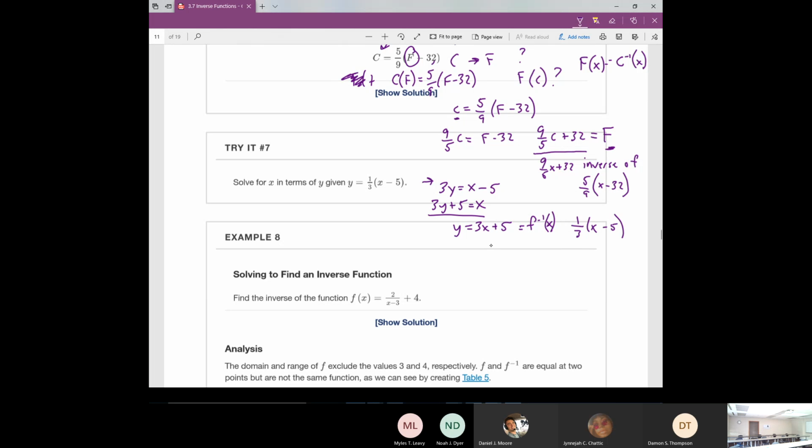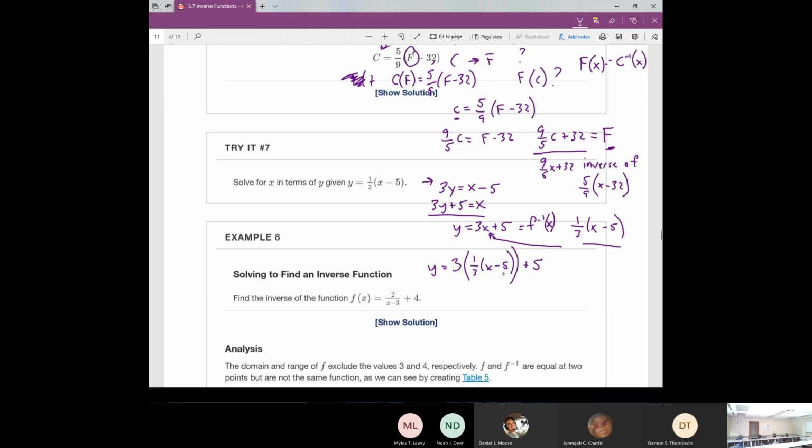Let's prove that this is the actual inverse. And here's how you have to prove it. If I take this 1/3 x minus 5 and feed it into this function, let's see what I get. Y equals 3 times 1/3 x minus 5, and add 5 to it. 3x plus 5.